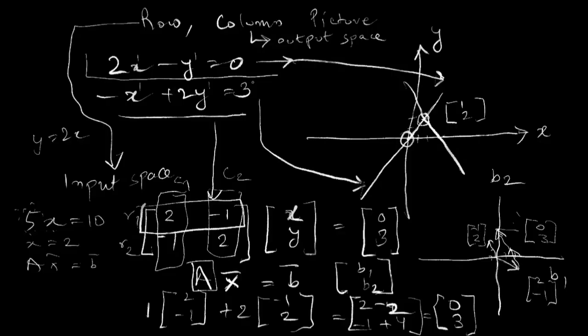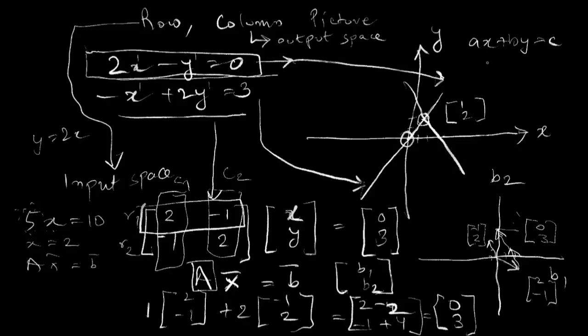It is actually representing a vector that is perpendicular to this line. We can see that very easily for any general line in the form of ax plus by equals c.